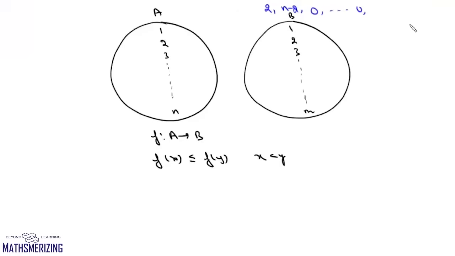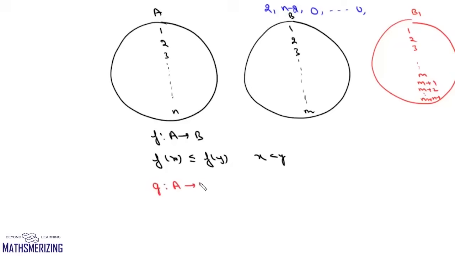Now we'll define another set, say B1, and this B1 is 1, 2, 3 up to m, and then we'll have m plus 1, m plus 2 and up to m plus n minus 1. Now we'll define a function, say g, from A to B1 such that g(n) is f(n) plus n minus 1.